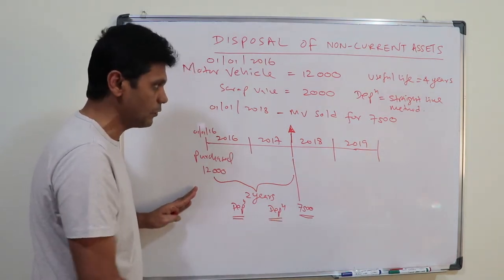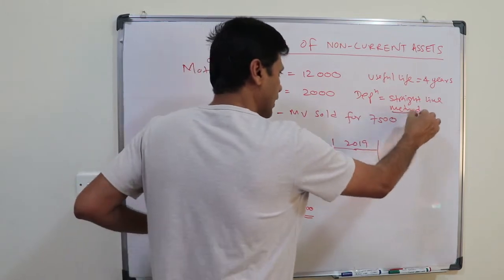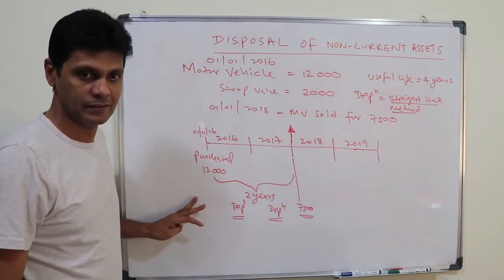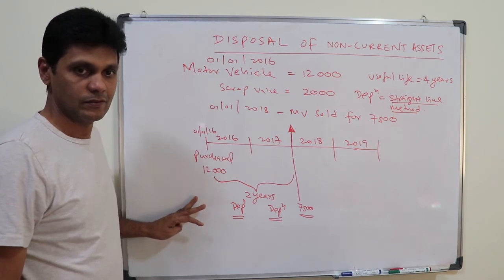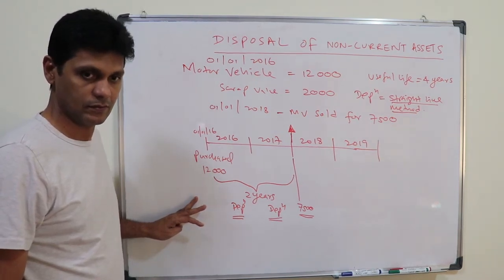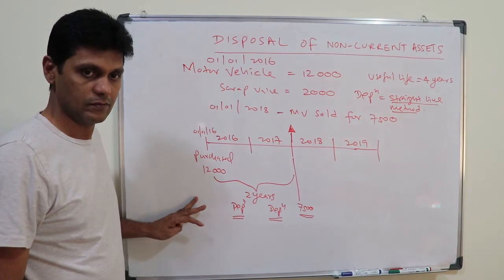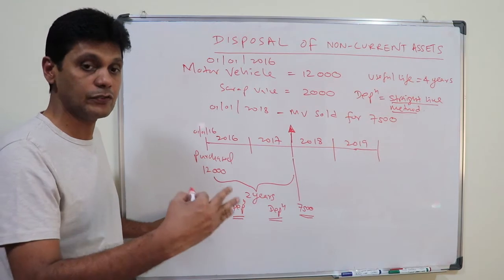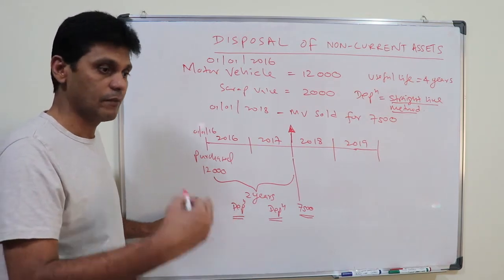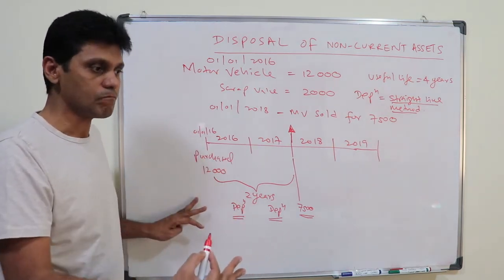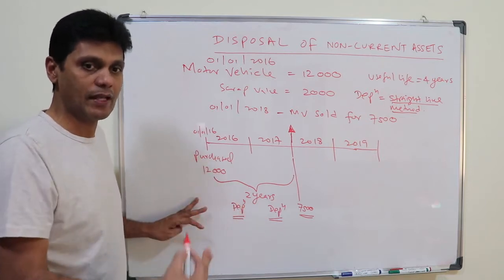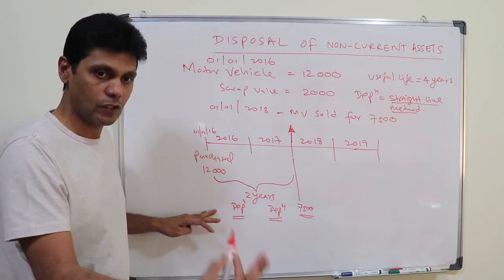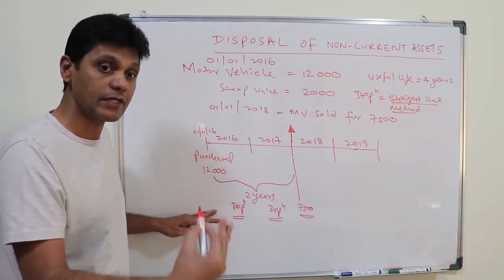What method do we have to use? Straight line method. What is the straight line method? You find the depreciation charge and apply it for all the years, equal amounts. Unlike the reducing balance method, where we provide depreciation based on the reduced balance, here we provide a fixed amount every year.